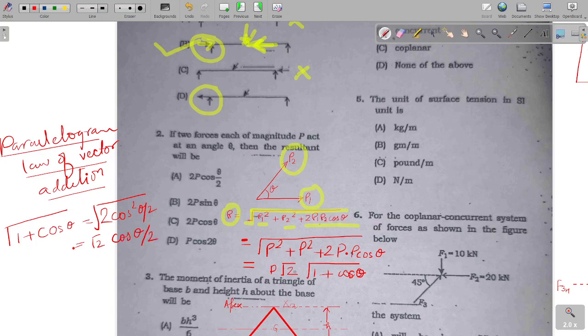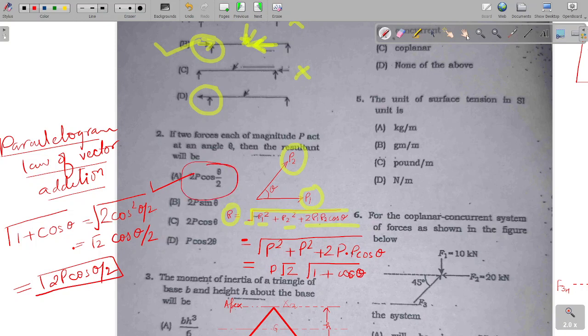So root 2 into root 2, it will become 2. So the final answer will be 2P cos theta by 2. So 2P cos theta by 2 will be option A.